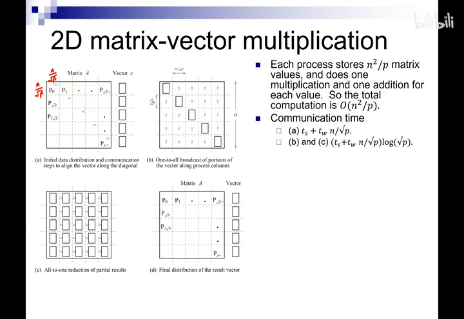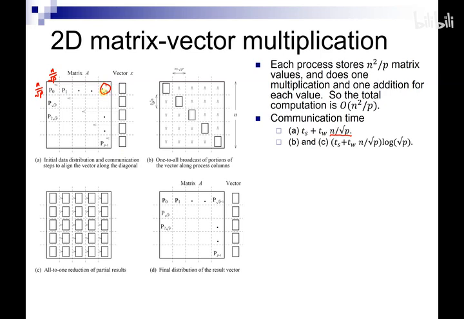And then in terms of the communication, we have several communication steps. The first communication step is to send all of this x stuff onto the diagonal processors. The amount of time to do that is basically proportional to the size of the data that you're sending.